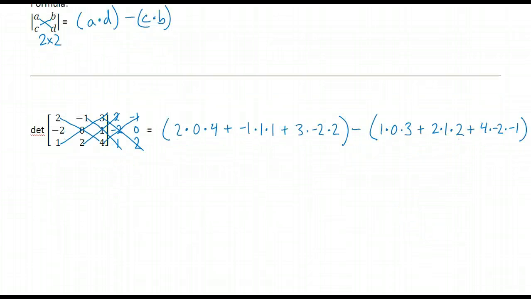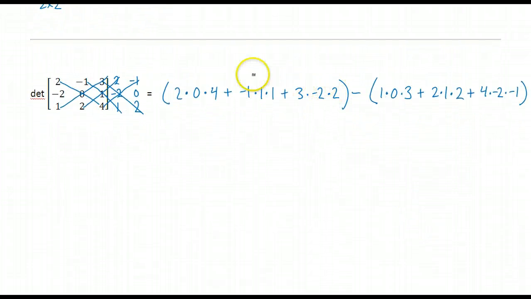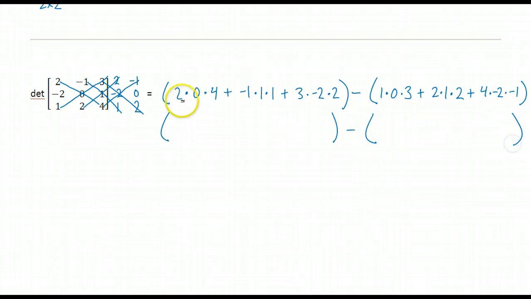Now I need to follow the order of operations. I'm going to first perform all of the math inside of the parentheses before I do any subtracting. 2 times 0 times 4 is 0. Negative 1 times 1 times 1. 3 times negative 2 times 2.